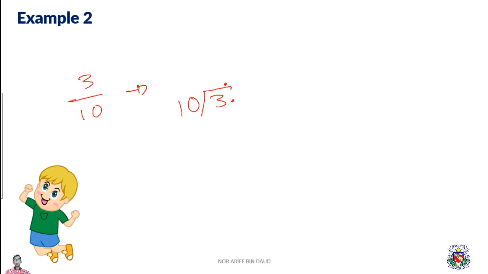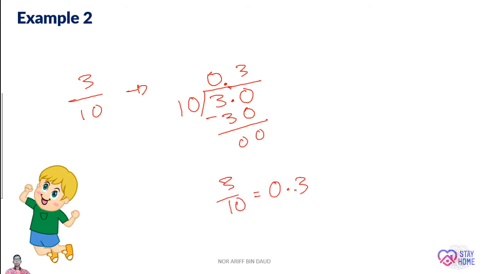Here also you put a decimal. Here you put 0. Now put 1 0 here, so the number already becomes 30. So you put 30. 10 times what becomes 30? 10 times 3. After you subtract, the answer will be 0. So 3 over 10 equals 0.3.